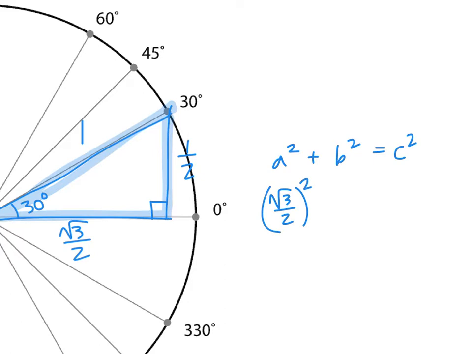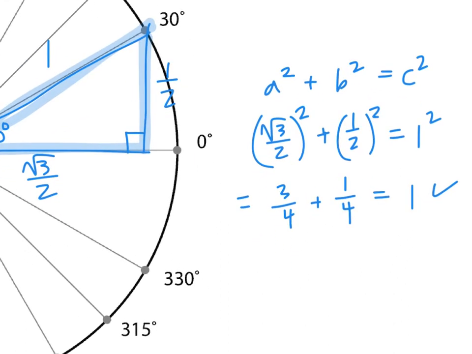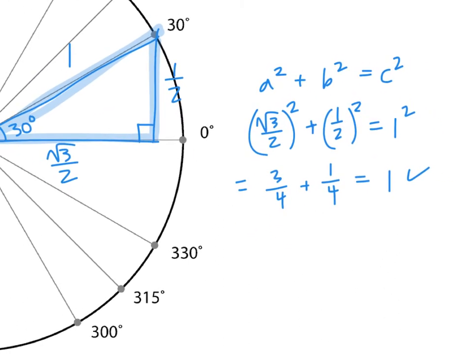B is the y part, so that's 1/2 squared. C has to be the hypotenuse, so this has to be 1 squared. Let's verify that we get the same number on both sides. We get 3 over 4 plus 1 over 4. What does that equal? 1. So that works. This is kind of the proof.